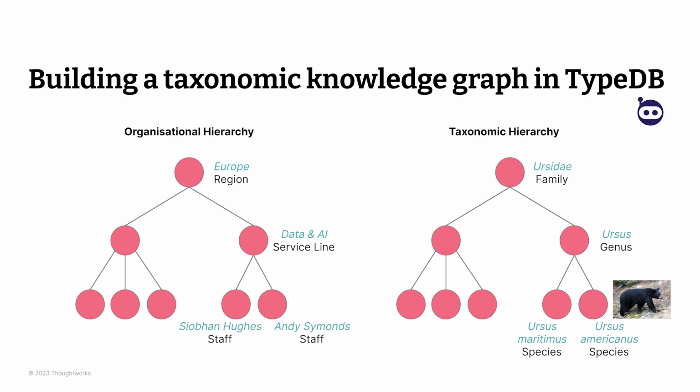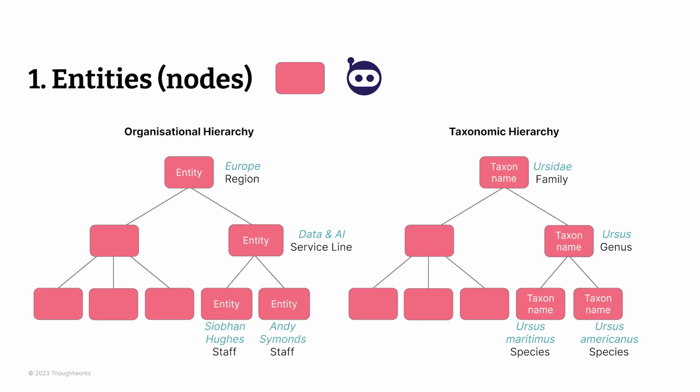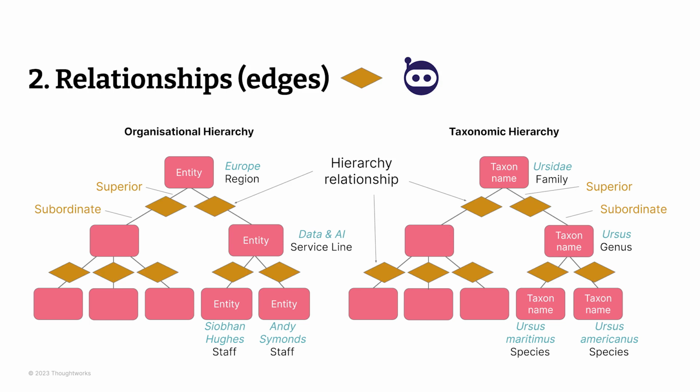So I'm just going to go through and show what this would look like for taxonomy. This was our example here. We've got the organizational hierarchy on the left and the taxonomic hierarchy on the right. Just changing the code here. So now we've got these taxon levels, and that's the taxon name entity as you go through. And then we can layer on top of that the relationships. This is where the orange diamond comes in.